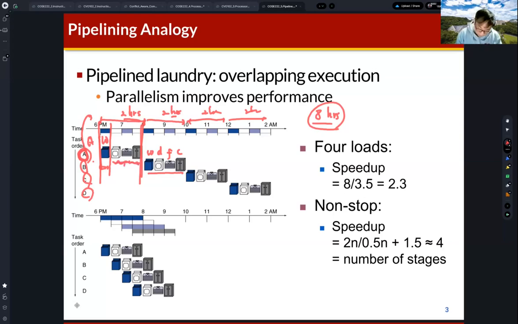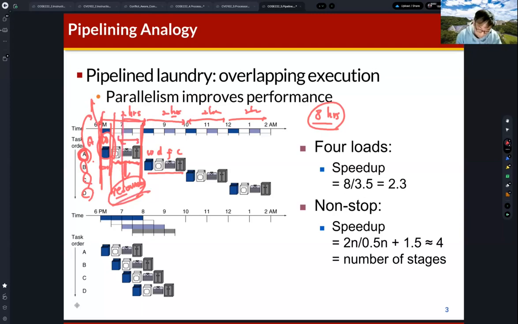These resources, we can say, are a kind of hardware resources. These resources are wasted, because only for this time slot, the first 30 minutes, we use only the washing machine. So we are wasting these resources.